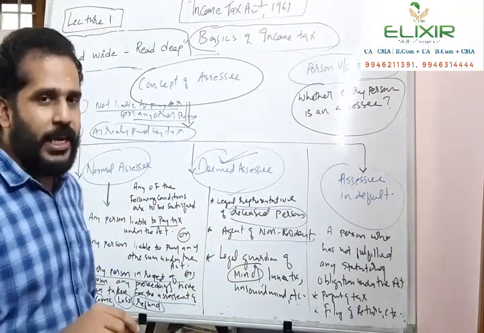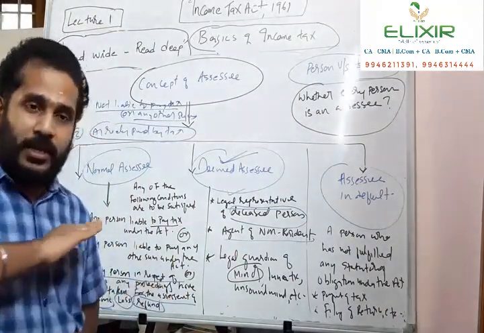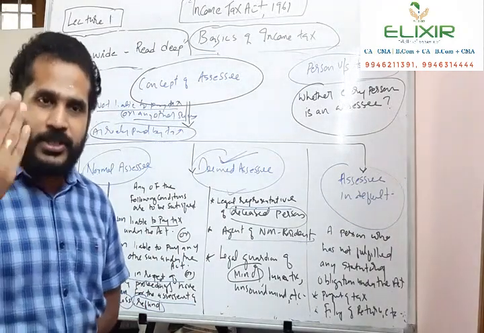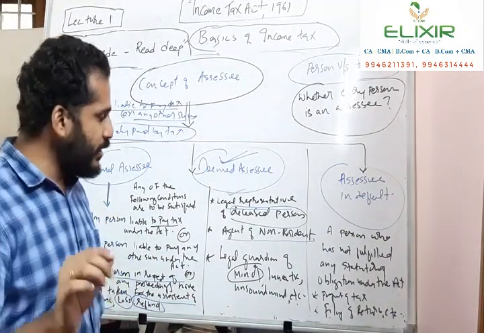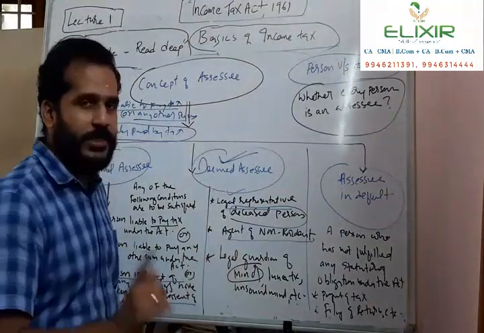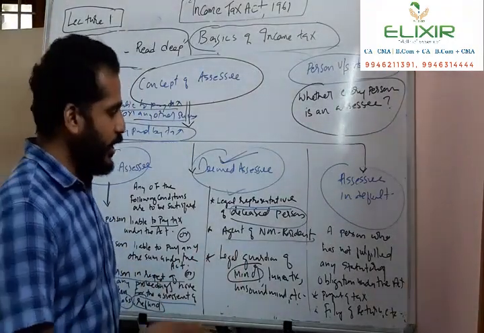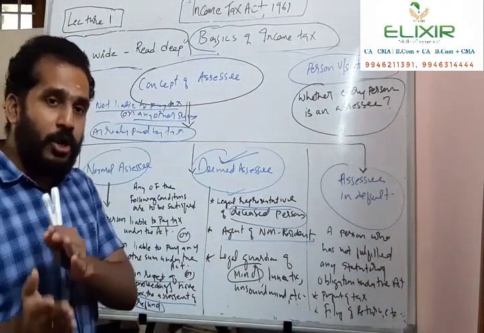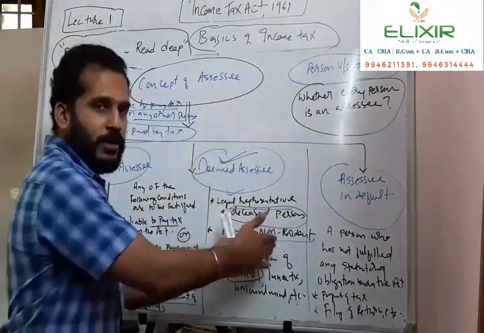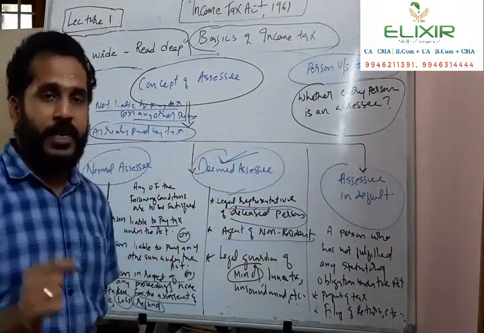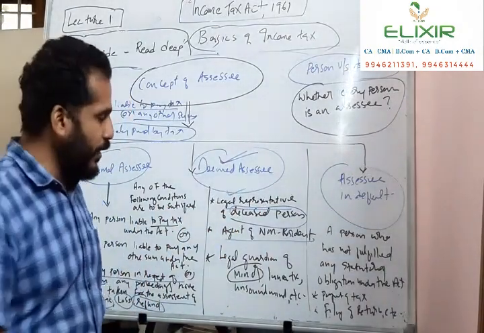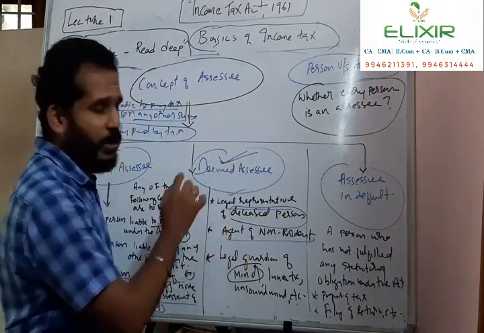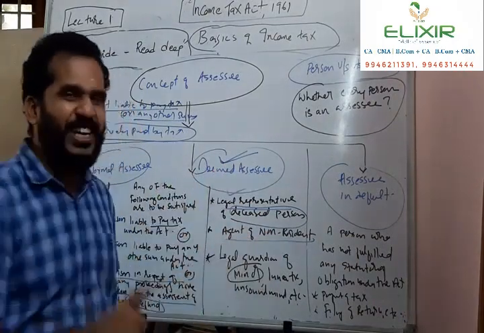In such case, such agents will operate the business and use that income for his own benefit, and in such cases the agent can be treated as the deemed assessee on behalf of the non-resident's income, even though the income is for the non-resident. The agent can be treated as the deemed assessee, and that income will be taxed in the name of the agent.